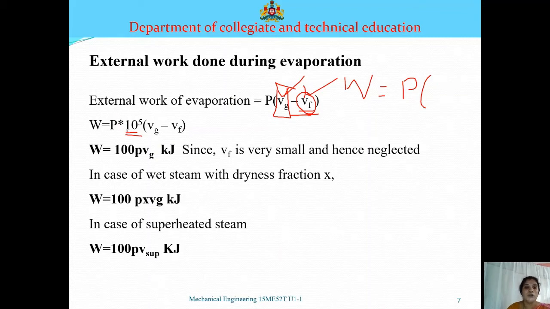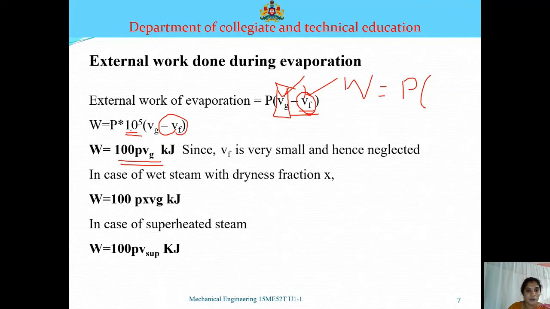P into 10 to the power of 5, for what? To convert bar into joules, into Vg minus Vf. We're going to neglect Vf. Therefore, the formula for external work done for evaporation is 100 PVg in kilojoules.